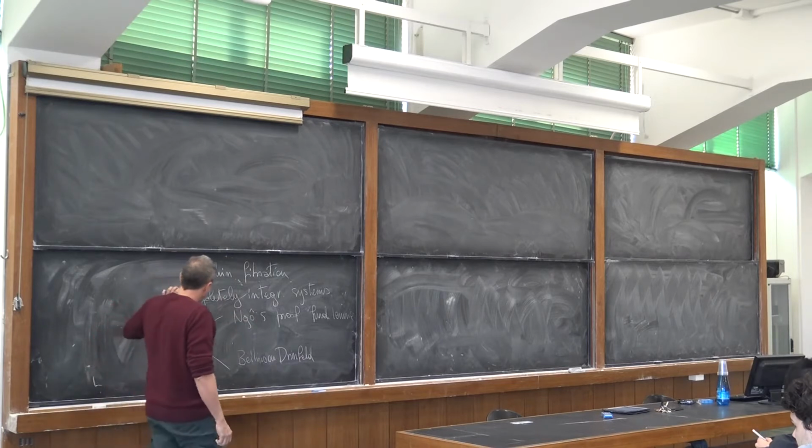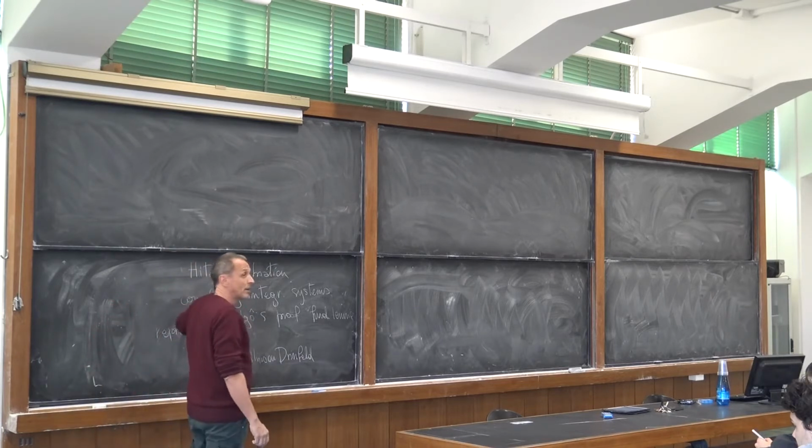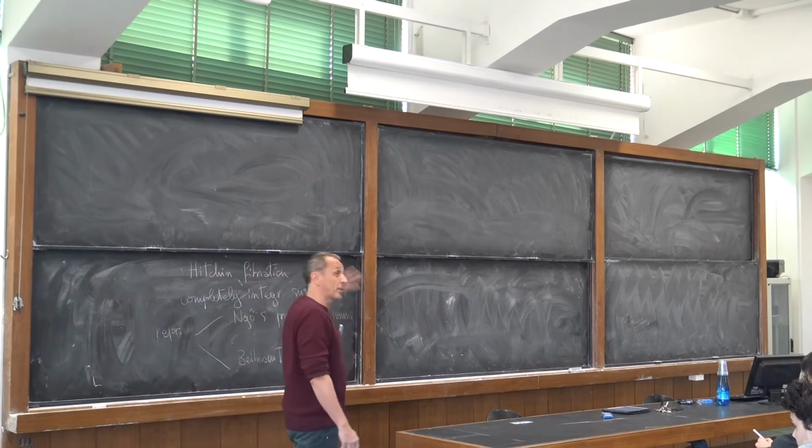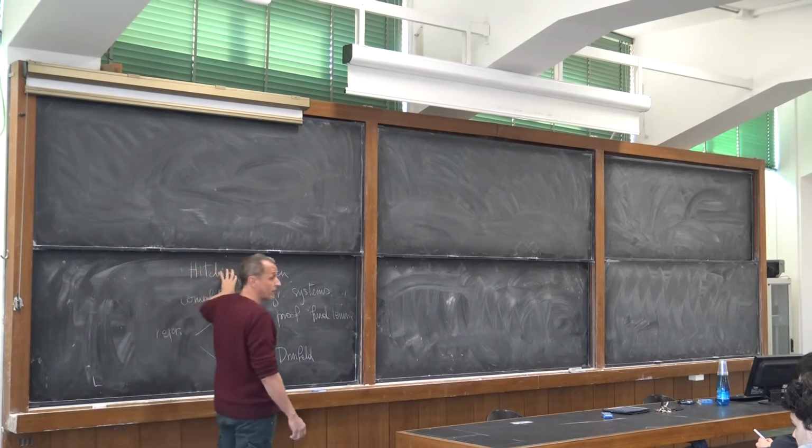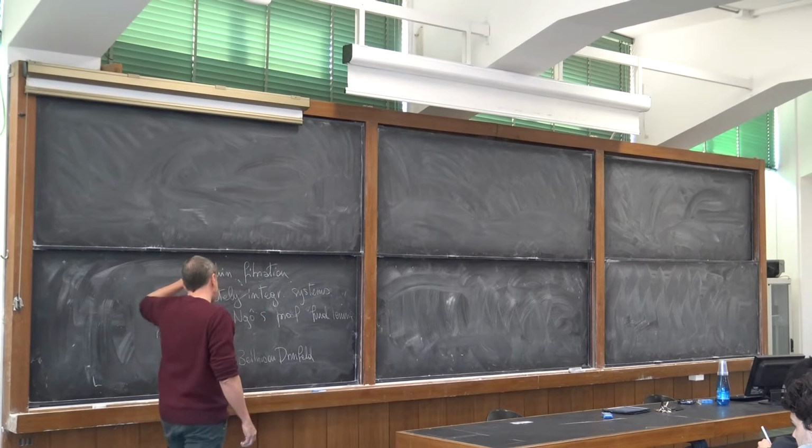So first of all, the Hitchin fibration is not a fibration in the usual sense. Fibration usually means that all the fibers are isomorphic. This is far from being true. There are singular fibers.